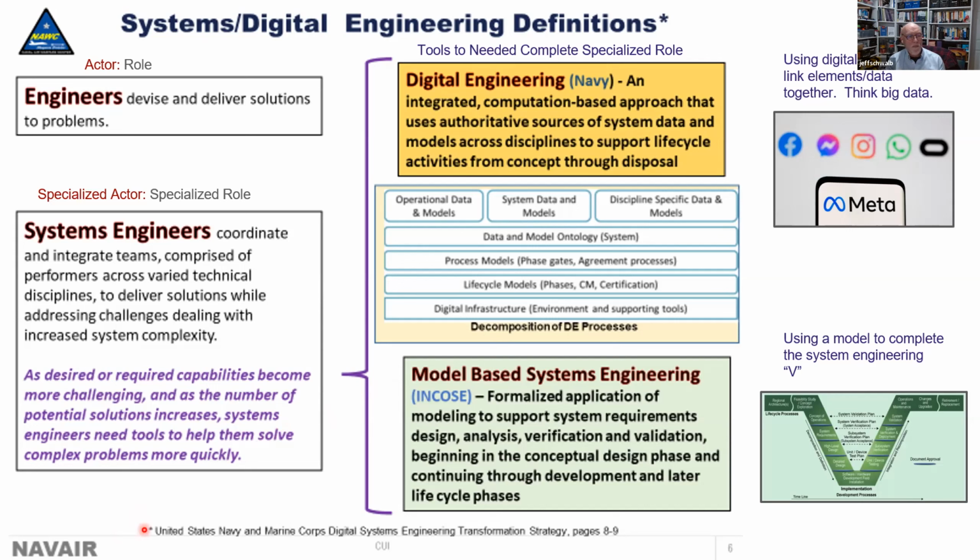That's the basis that we pulled this from to just talk about how we progress from the system engineers' need to do digital engineering to be really successful in the future with such complex systems. Next slide, please.